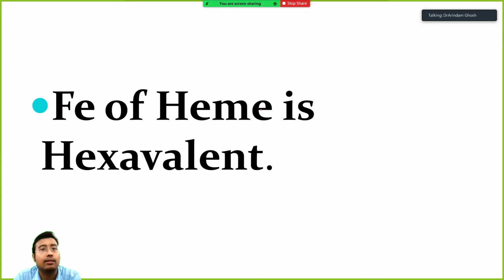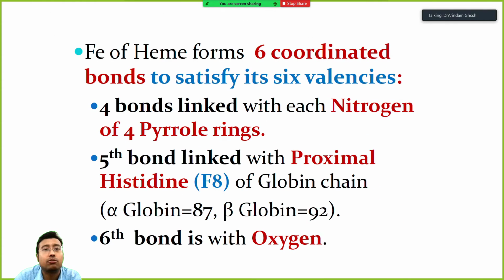This iron of heme is actually hexavalent. You saw that it is connected in 4 ways to the 4 pyrrole rings, so 2 valencies are empty. Here comes the most important information of this whole class.